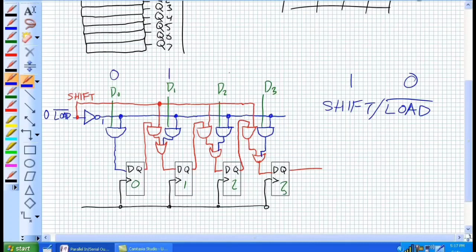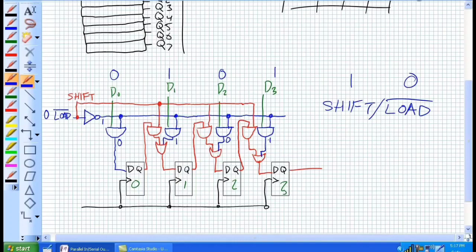I can't even remember what it was. I'm just going to say 0, 1, 0, 1, 0, 1. All right, so when that load line is 1, what's going to get passed to here? A 0, a 1 here, a 0 there, and a 1 there.